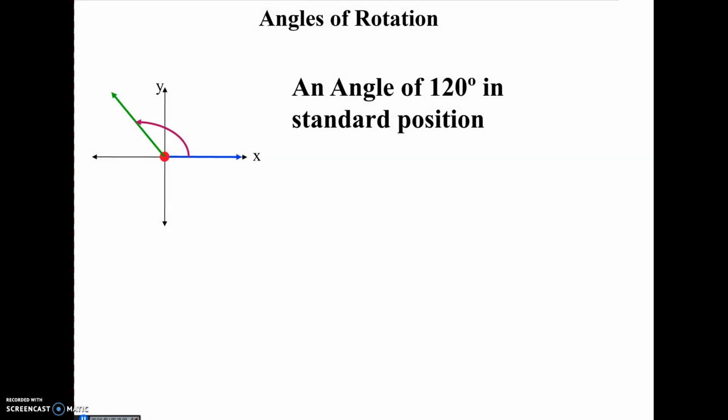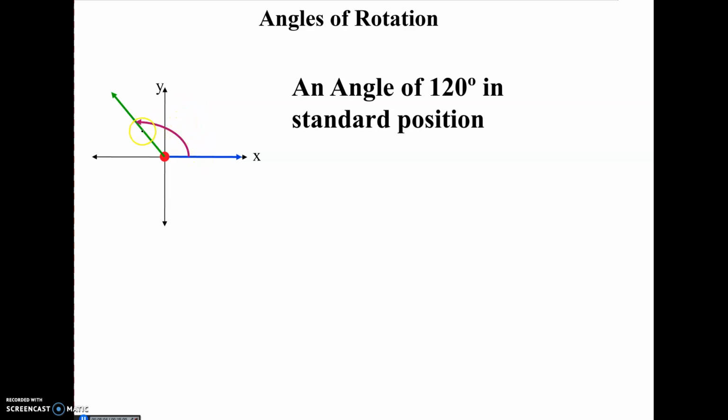What's really important when you draw an angle is that it terminates in the correct quadrant. We're not going to be using a protractor to draw an angle of 120 degrees accurately. What's important is that it ends in the correct quadrant. I can't have my 120 degree angle end in the first quadrant because this spans from 0 to 90 degrees.